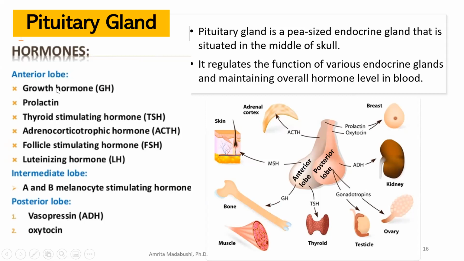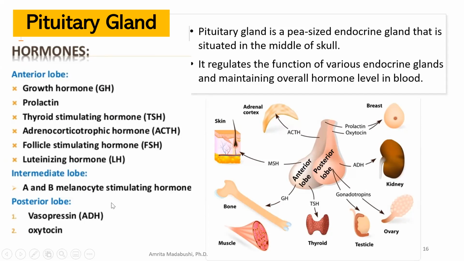There is growth hormone, prolactin, thyroid stimulating, adrenocorticotropic, follicle stimulating, and luteinizing. All of these hormones are produced in the anterior lobe. So you can say that there is so much happening in the anterior lobe, literally. You can see here, and all of those are mentioned over here.